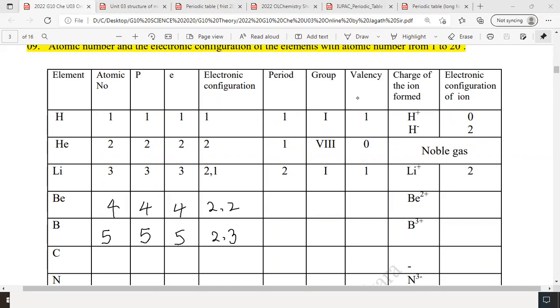This 2 comma 3, the second level can go up to how many? Up to 8. This is the outermost shell here. This one can keep a maximum of 8.